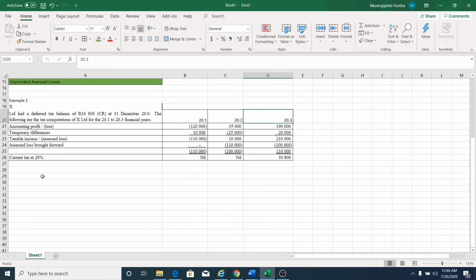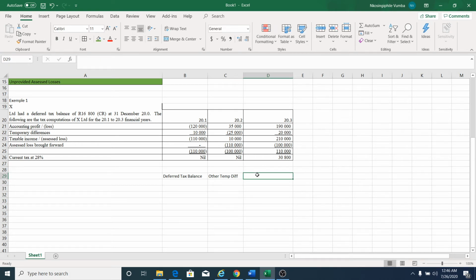We're going to use this table to do the assessed losses. We have the deferred tax balance, and then we have other temporary differences.